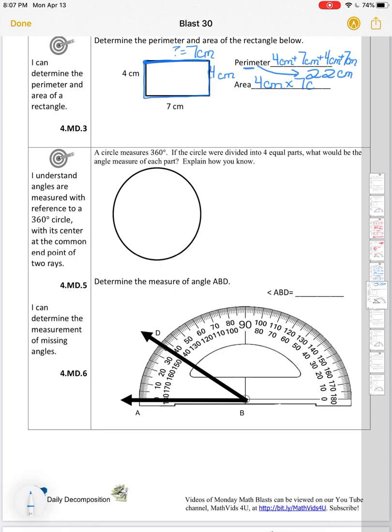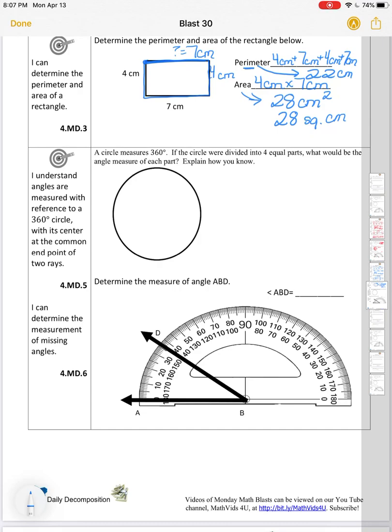So that's going to be 4 centimeters times 7 centimeters, or 7 centimeters times 4 centimeters, however we want to rotate our figure. And so when I multiply that, the area is going to be 28 centimeters squared, or I can note that as 28 square centimeters. That's the same thing.